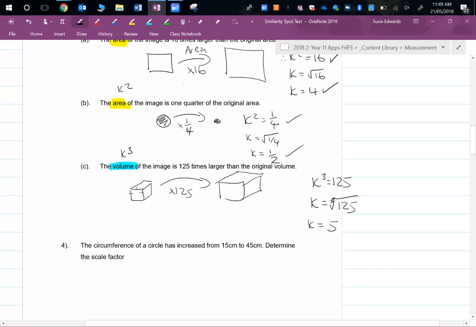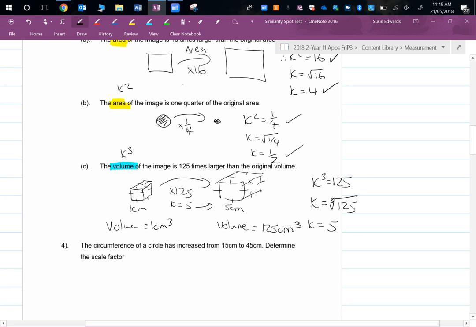Now, I'll show you why this works. If I had this cube and it was 1 centimetre by 1 centimetre by 1 centimetre, the volume is 1 cubic centimetre. We're saying k equals 5. That means that all of these measurements go up by 5. We times the lengths by 5. But what you'll notice is as we make the lengths all 5, the volume becomes 5 times 5 times 5, which is 125 cubic centimetres.